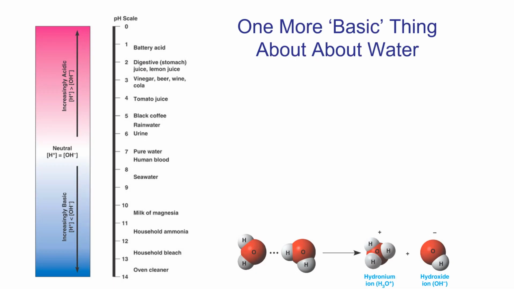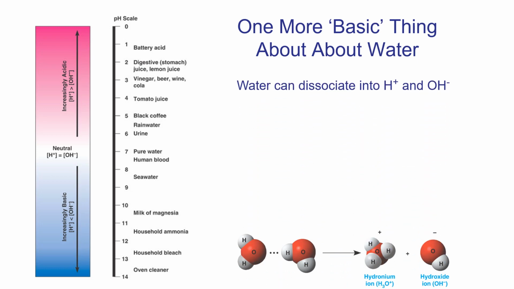Before we move on, one more basic thing about water, and a bad pun to boot. Water can be acidic, neutral, or alkaline. And we'll talk a little bit about what that means. So water can break apart.